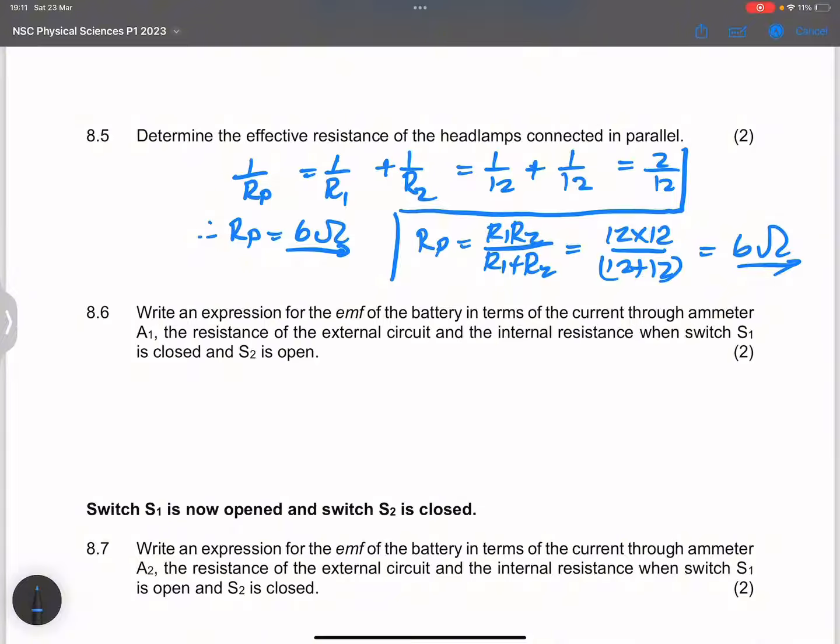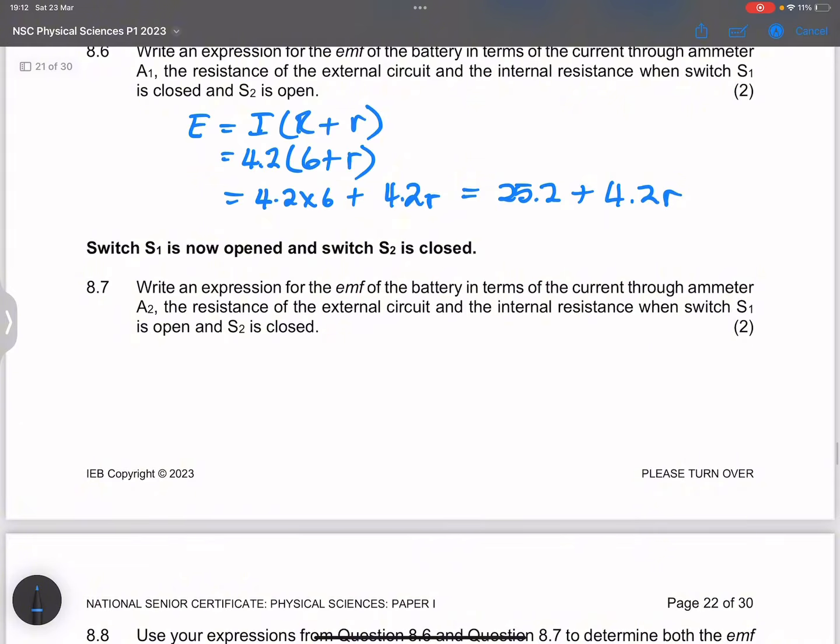So this would be 4.2 times 6, that's 25.2 plus 4.2r. Okay, so that is the expression.